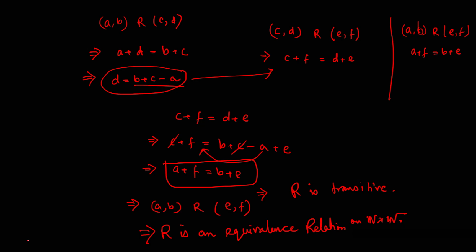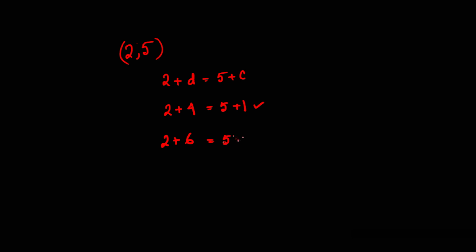Okay, so now we have to find the pair for (2, 5). That means 2 plus d equals 5 plus c. So what is 2 plus d and 5 plus c? That means 2 plus 4 equals 5 plus 1. This is true. And 2 plus 6 and 5 plus 3, this is also true.